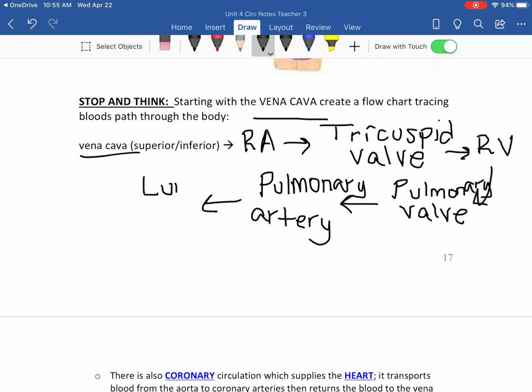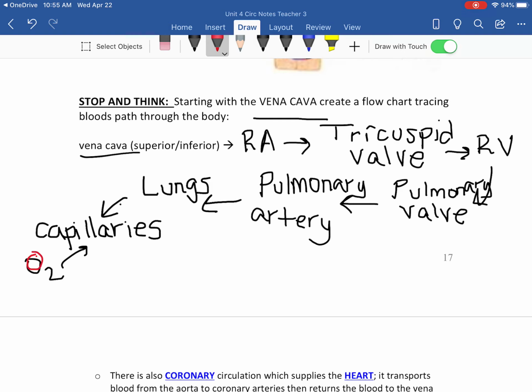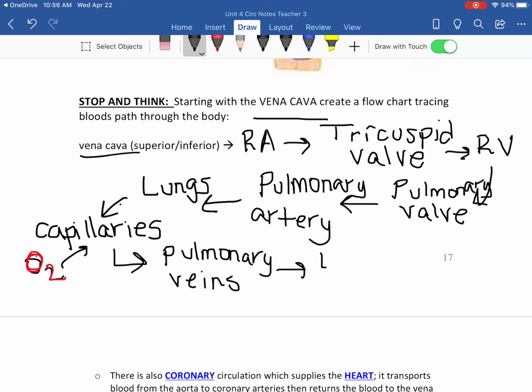Where it gets taken to the lungs, where gases get exchanged in the capillaries of the lungs. So at this point, the blood is going to pick up oxygen. Okay, then it's going to start returning back to the heart via the pulmonary veins, where it's going to be dumped into the left atrium.